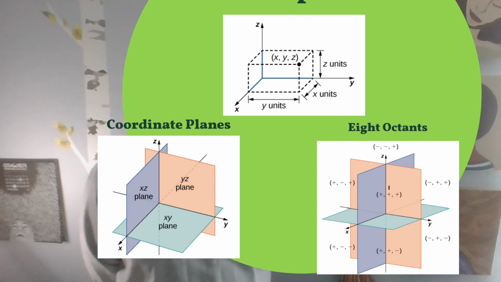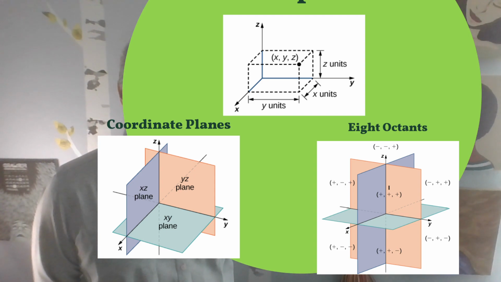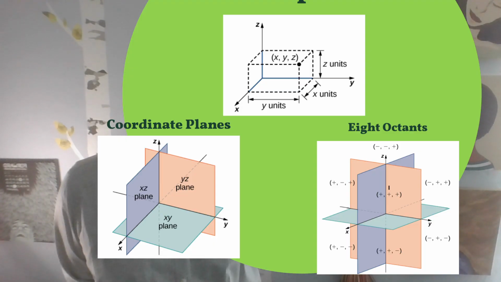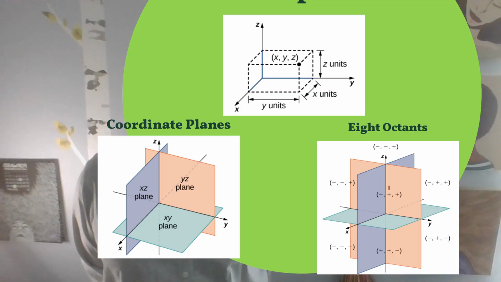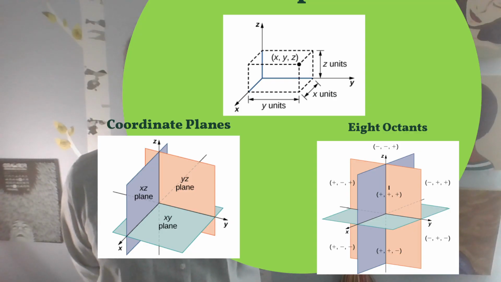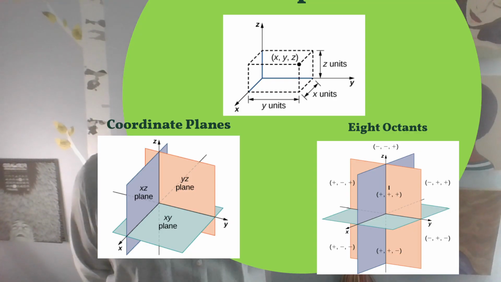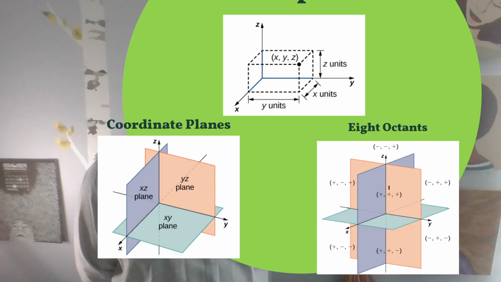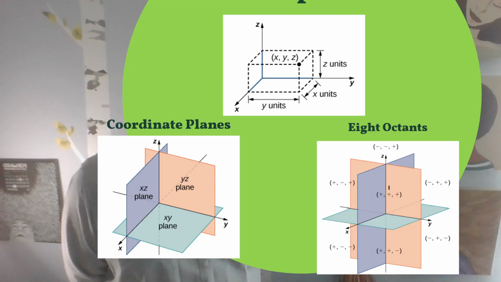The fifth octant will be below the first octant, and the sixth will be below the second, etc., until you go all the way around to finish all 8 octants. So we're going to subdivide our three-dimensional space into 8 parts called octants.